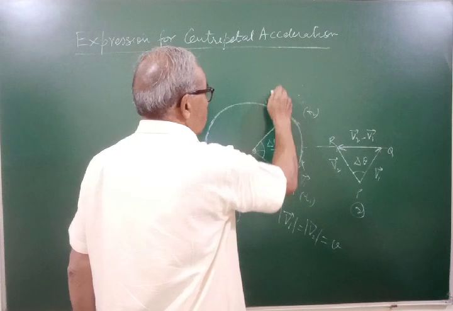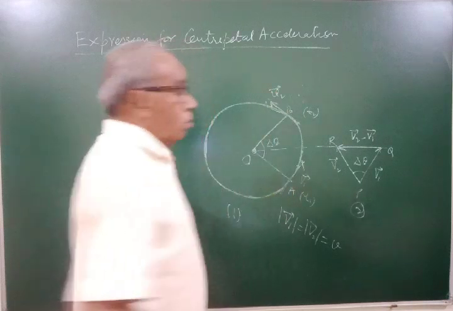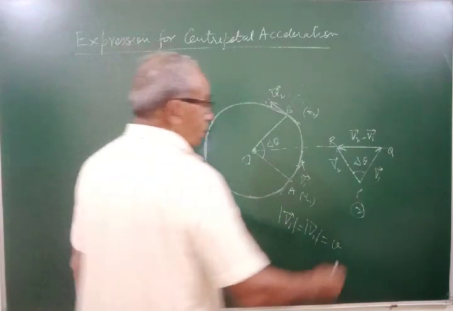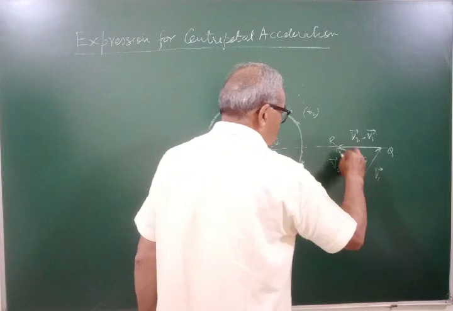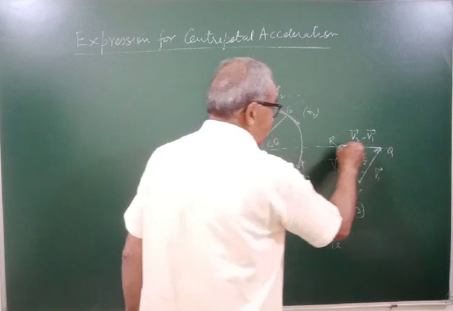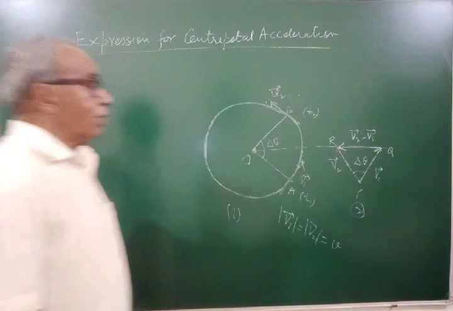Now, acceleration, as you know, is change in velocity per time. In figure 2, this is v2 minus v1. This is one method, and this will represent v2 minus v1.